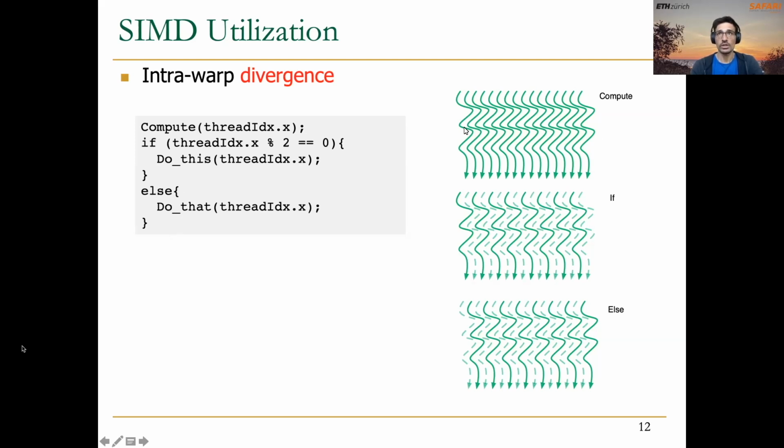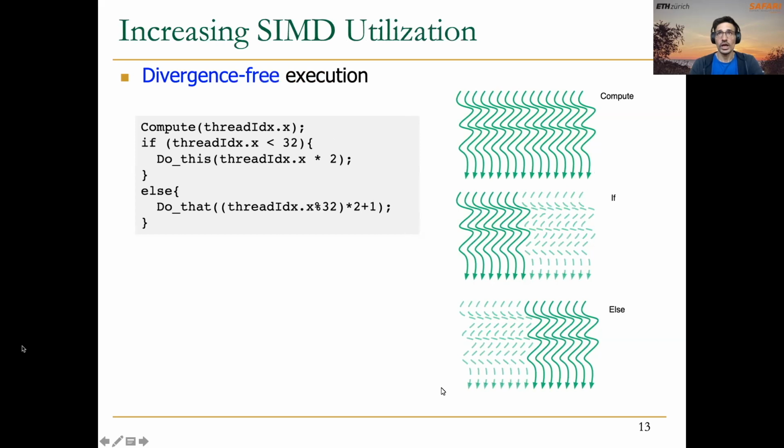In the end, what happens here is that after having executed together all the threads in a warp, only half of the threads execute the if, and the other half of the threads execute the else. What this finally means is that we will need essentially twice the number of cycles to execute the if and the else.